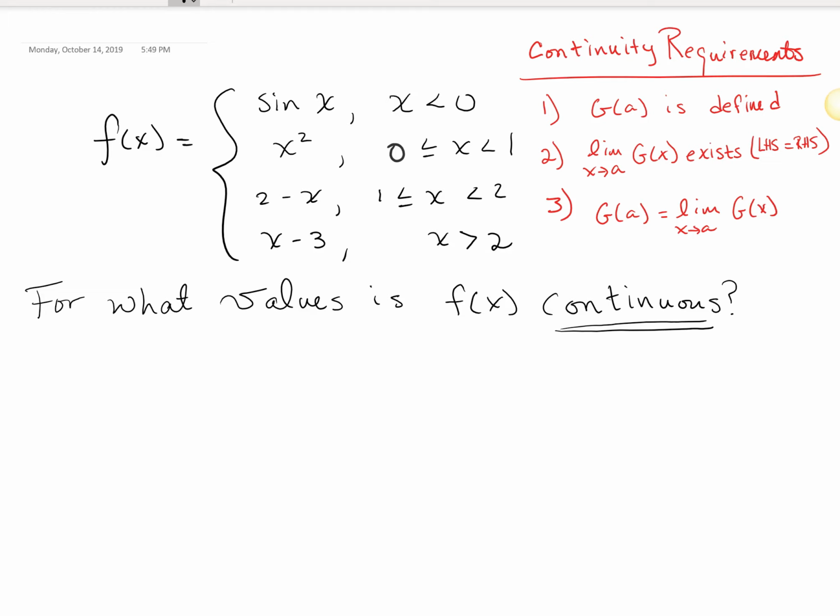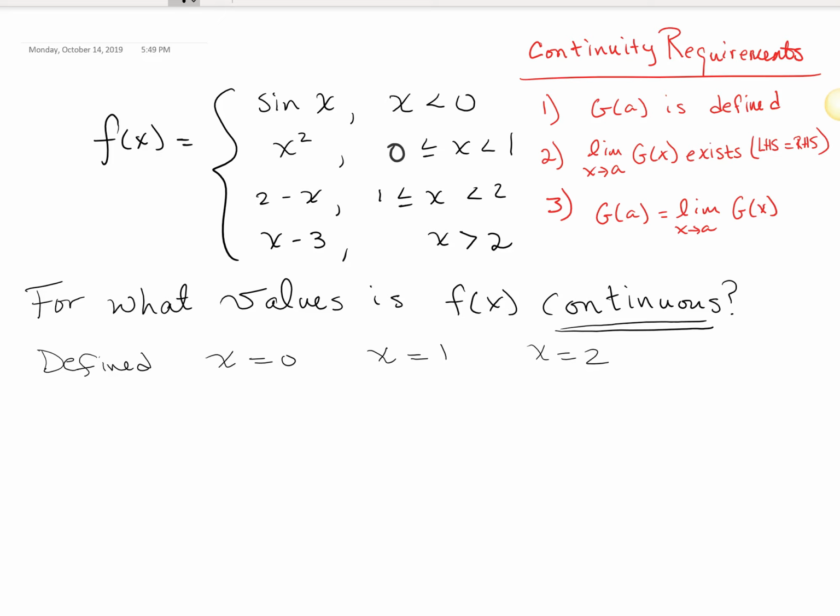So I'm going to check first, is g of a defined? We could check that for 0, 1, and 2. So I'm going to write here defined. Okay, and I'm going to put x equals 0, x equals 1, and x equals 2.